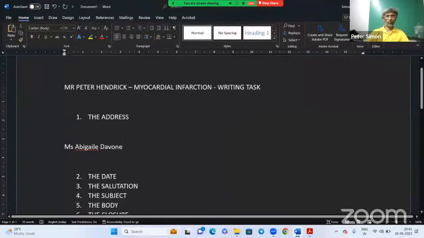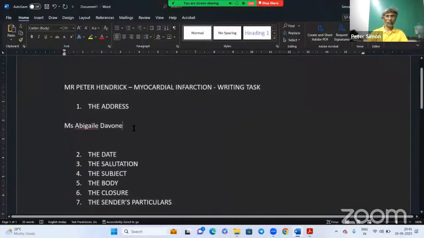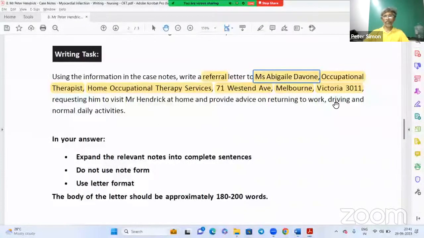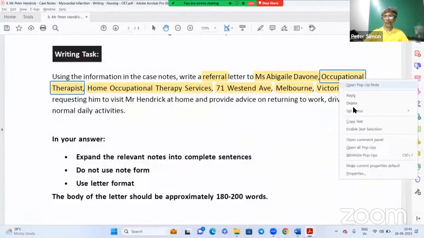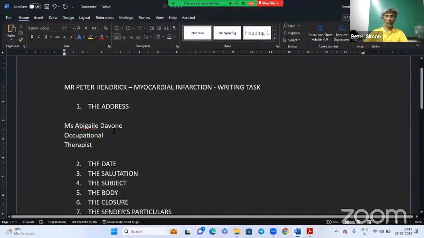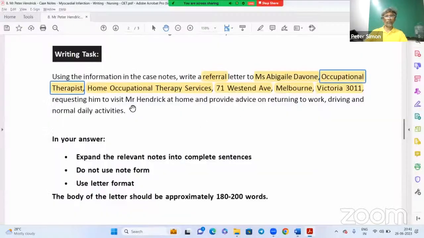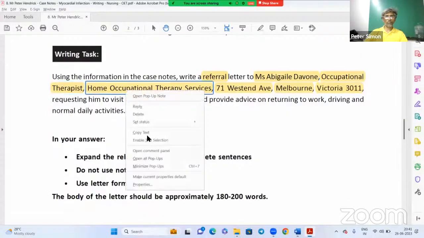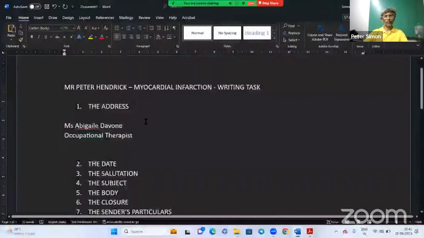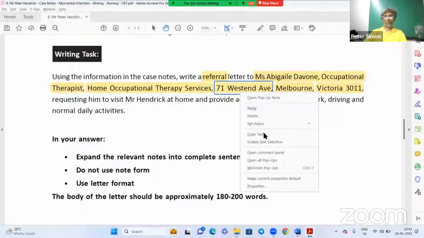Miss Abigail Devon. Second line: Occupational therapist. Home Occupational Therapy Services. 71 West Avenue.